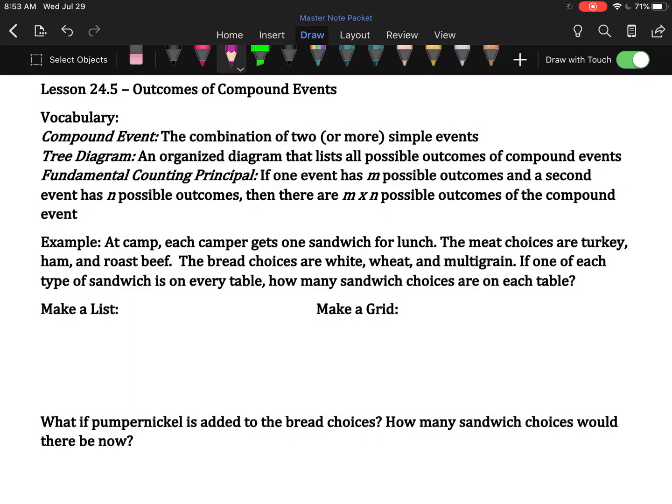So for example, we could have a turkey on white. We could have a turkey on wheat. We could have a turkey on multigrain. Those are the possibilities for turkey.